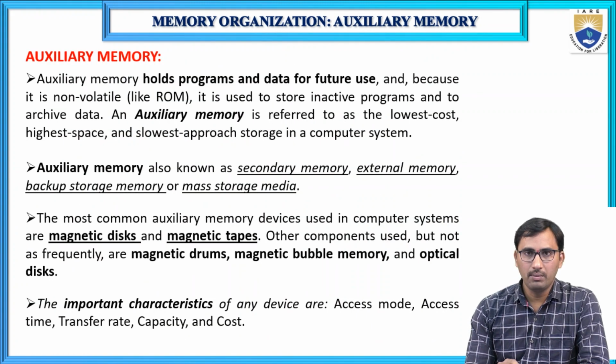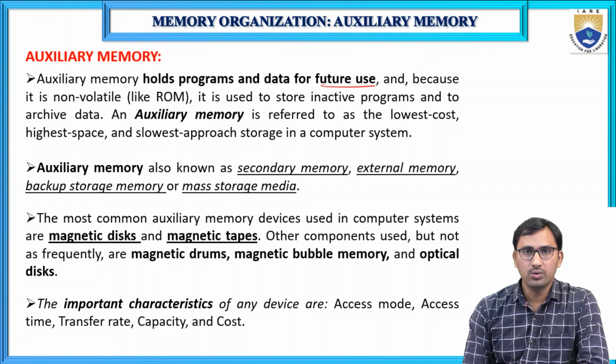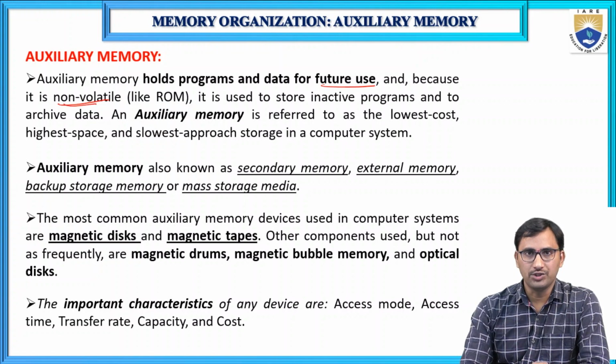And coming to the auxiliary memory, it holds the programs and data for future use. These auxiliary memories can be used for backup purposes because it is a non-volatile memory. The main reason for using auxiliary memory is its non-volatile nature.